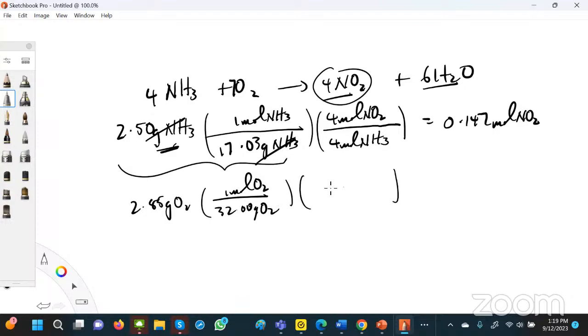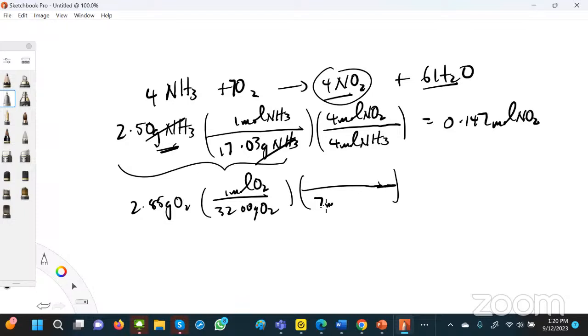And then the next conversion factor would be what? The mole ratio between what? Exactly. So what's the mole ratio? So what goes up top and what goes below?